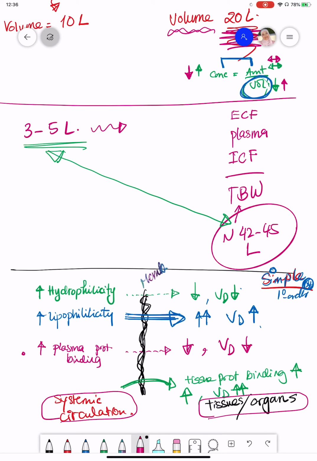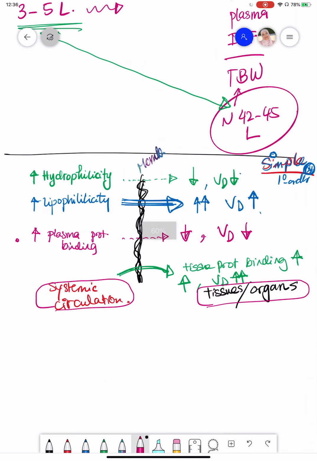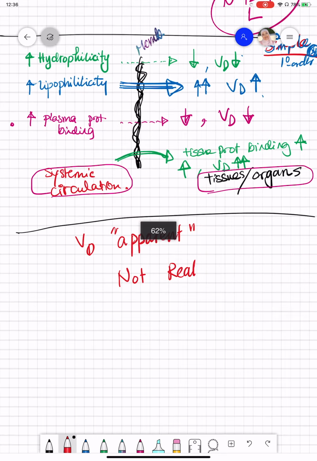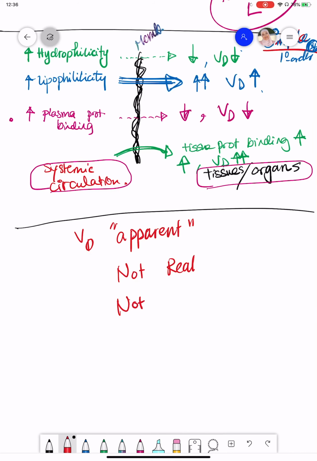So this is, again in examples, telling you the same thing over and over again. First of all, which is very important, it's apparent volume of distribution. It's not real. It's not a physiological volume.